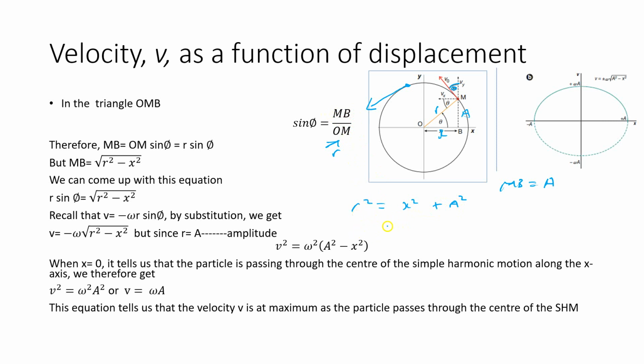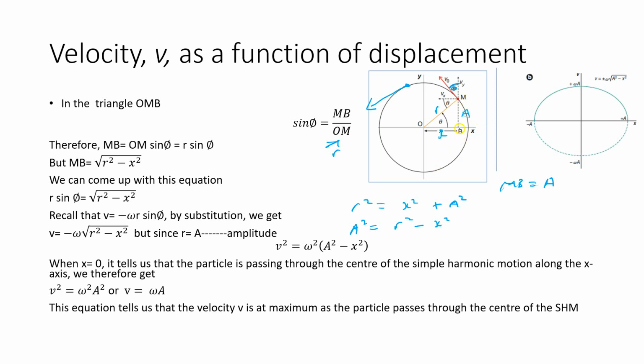By making that the subject, A squared is equal to R squared minus X squared. So that's what A squared is equal to, which is the same thing as MB.